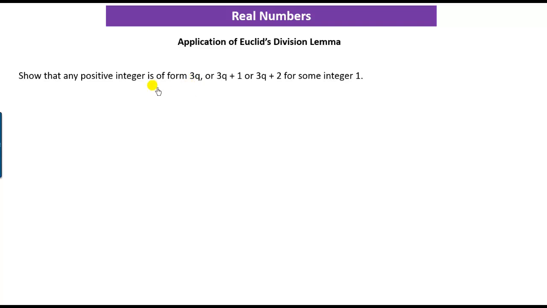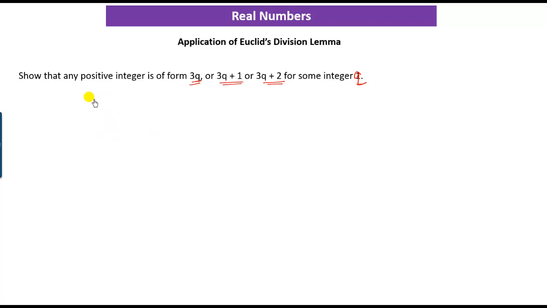Now the next question is: show that any positive integer is of the form 3q, 3q plus 1 or 3q plus 2 for some integer q.